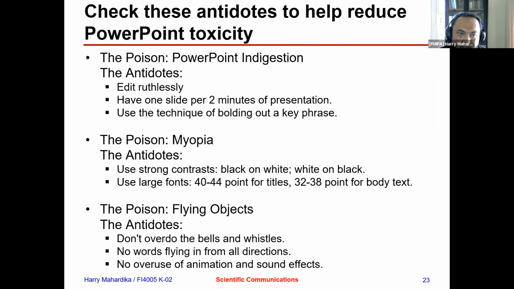Another drawback of PowerPoint is, for example, PowerPoint indigestion, which means don't put too many things on your slides for your 15-minute talk.